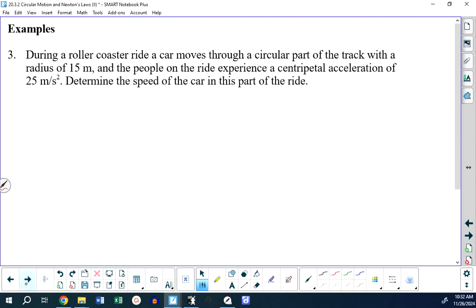That's it. During a roller coaster ride, a car moves through a circular portion of a track with a radius of 15 meters. How fast is the car moving if the centripetal acceleration is 25 meters per second squared? Well, pretty easy question. Most of this stuff today is just you getting used to the formulas. a equals v squared over r. So we can put 25 here. The radius is 15 meters.